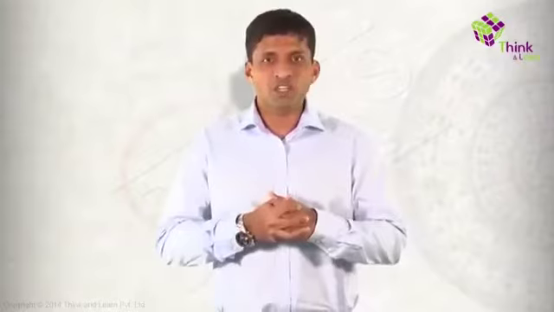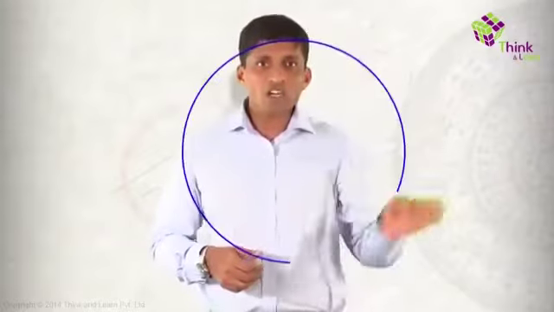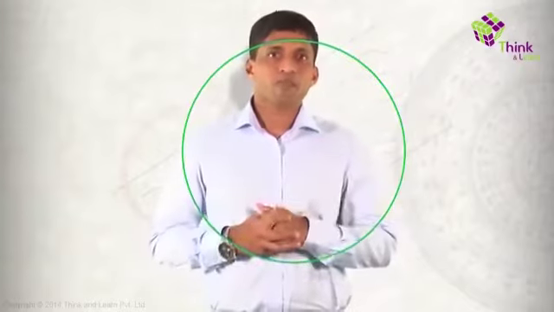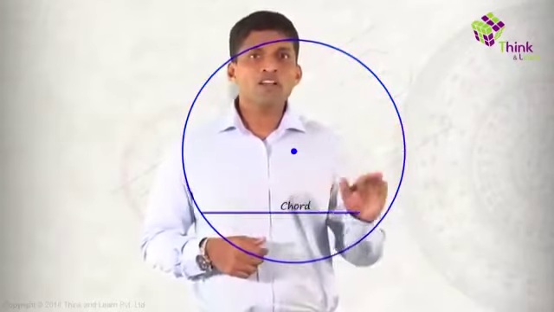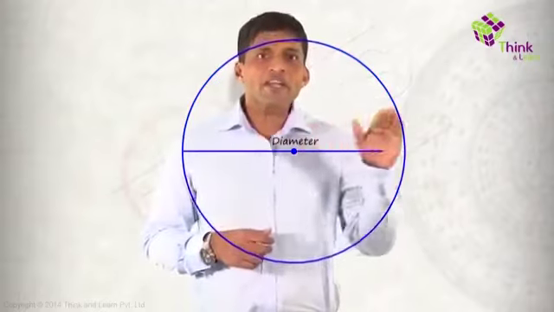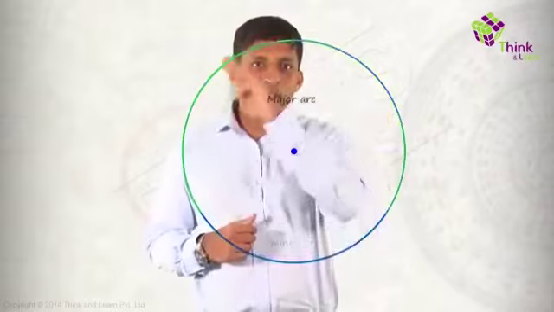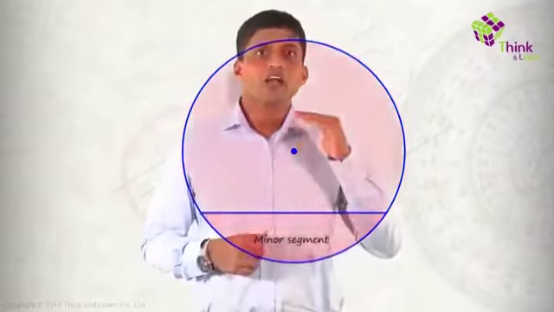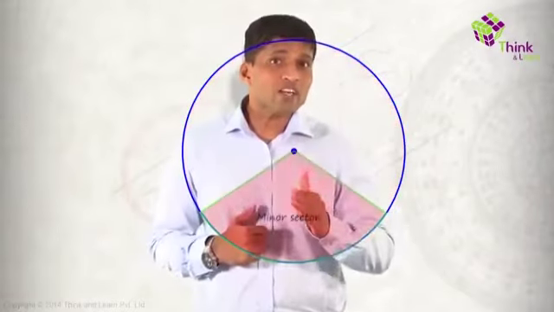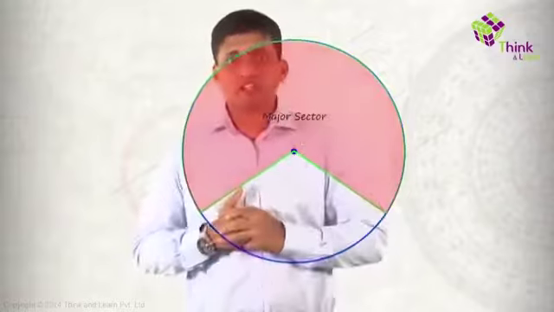This is just revision. Take a circle. Let's visualize circumference, radius, chord, diameter, minor arc, major arc, minor segment, major segment, minor sector, and major sector.